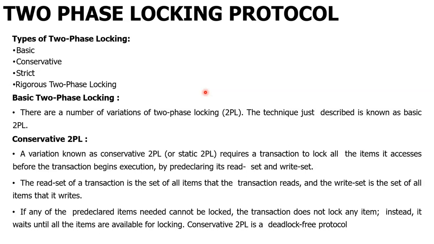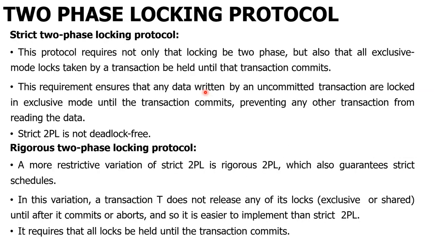In conservative two-phase locking, before starting the transaction, you get to know which accounts you are going to use, and before beginning your transaction you will have all the required accounts. So locking in prior, which means locking before the transaction itself, is called conservative two-phase protocol. Strict two-phase protocol is where without making a commit you cannot go on, and without making a lock you cannot start. That is called strict two-phase locking protocol.